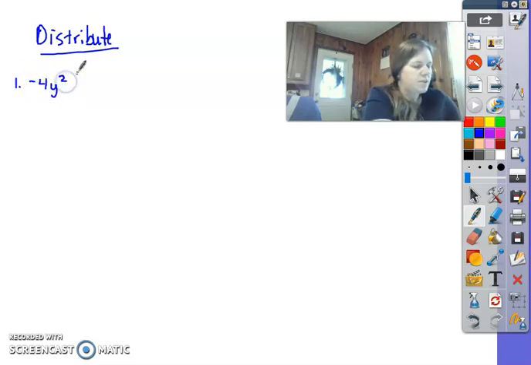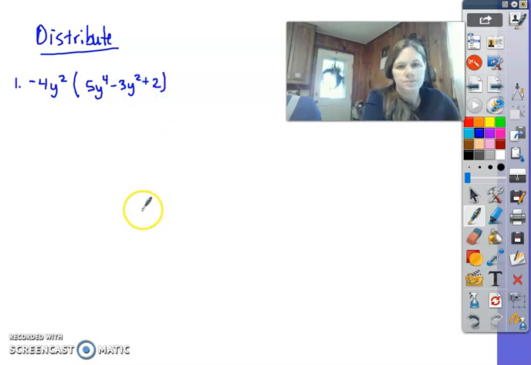Negative 4y squared times the quantity of 5y to the 4th minus 3y squared plus 2. So it's broken down into 3 multiplications, really. So negative 4 times 5, y squared, y to the 4th, add those exponents together, 2 and 4.